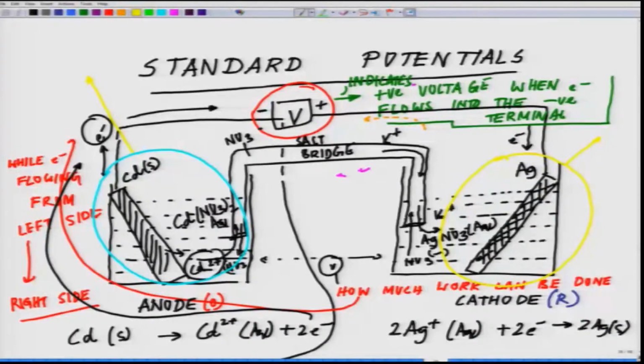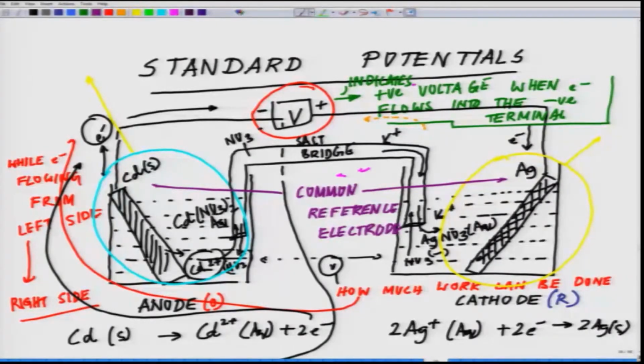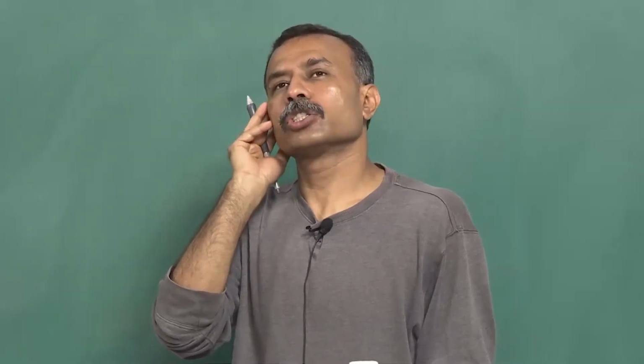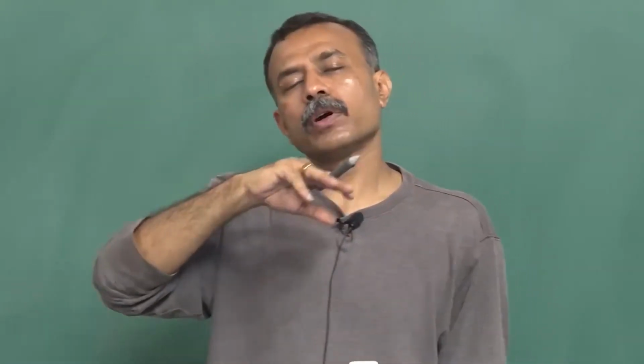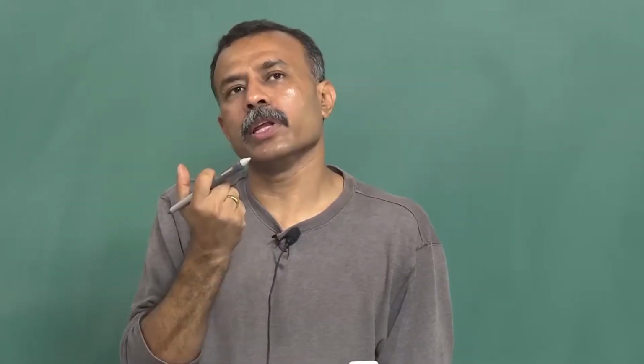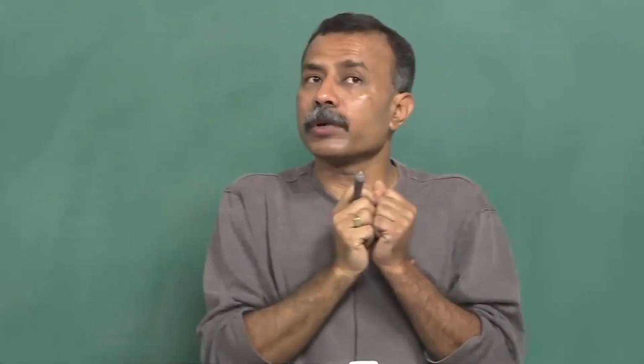In order to do that, I have to develop a common reference electrode, and that common reference electrode, with respect to this and with respect to this, will give me that value by virtue of which I can say that cadmium can lose electron with much higher ability as compared to silver, or the reverse statement, silver can accept electron at a much higher ability, it has much more power to grab the electron as compared to cadmium.